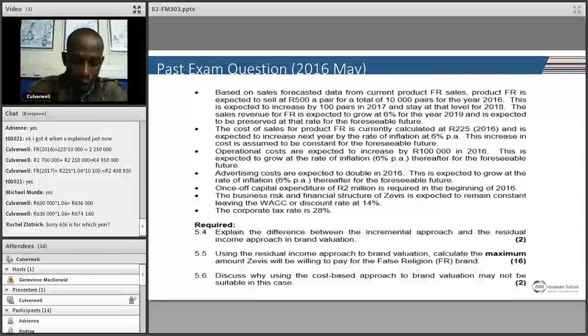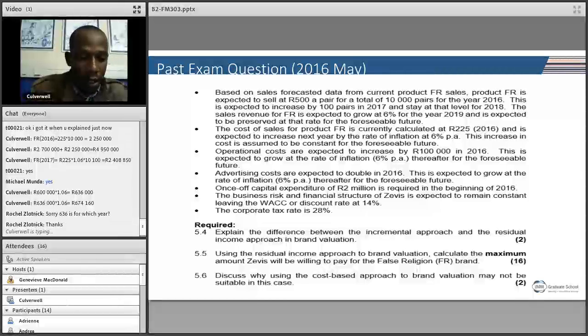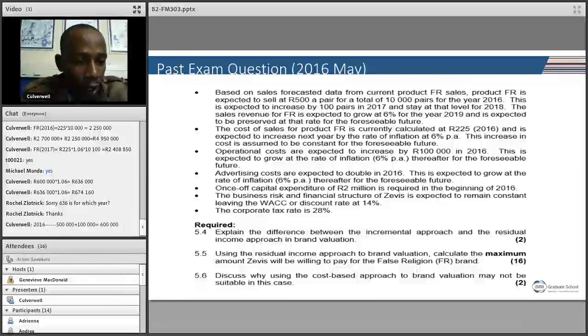You're going to get yourself 674,160. That's basically how you calculate your operational cost for year 2018 as well. Okay, 636 is for year 2017.